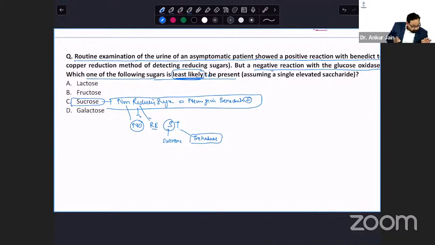But in the same question, if I change least to most likely, the patient is asymptomatic, Benedict test positive. Most likely, the patient is having essential fructosuria. The answer would change to fructose.